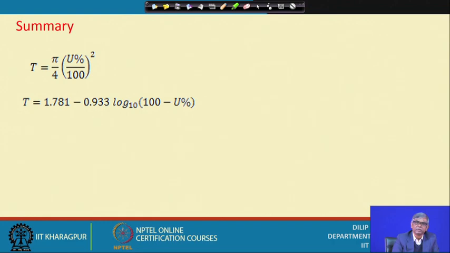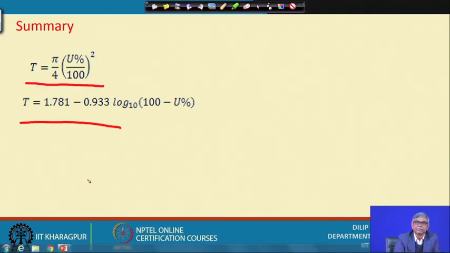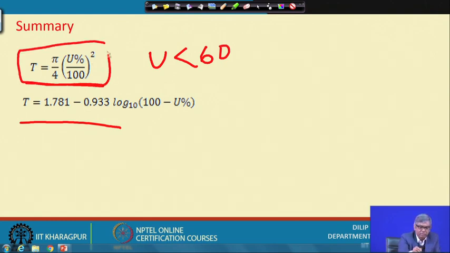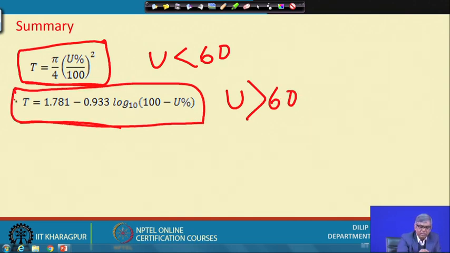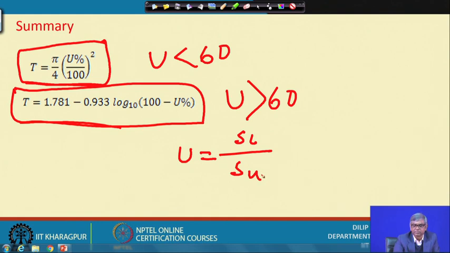For that we use the theory we have discussed, but the most important thing to remember is that you can find the time factor, and the time factor can be expressed in terms of U. If U is less than 60%, T versus U can be fitted by this equation, and if U is greater than 60%, then T versus U can be fitted by this equation. And U is the settlement at any time divided by the ultimate settlement.